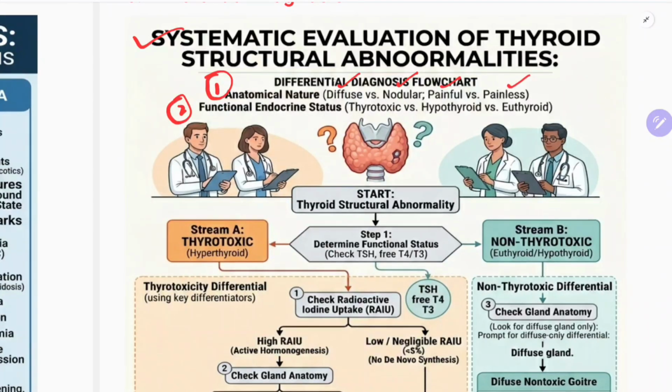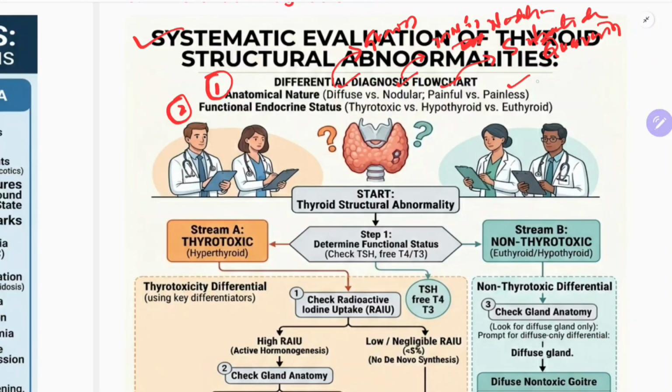Why this matters? Diffuse goiter is usually seen in Graves, okay. Nodular is usually seen in multinodular goitre or toxic nodule. And painful is usually seen in subacute de Quervain's thyroiditis, okay.